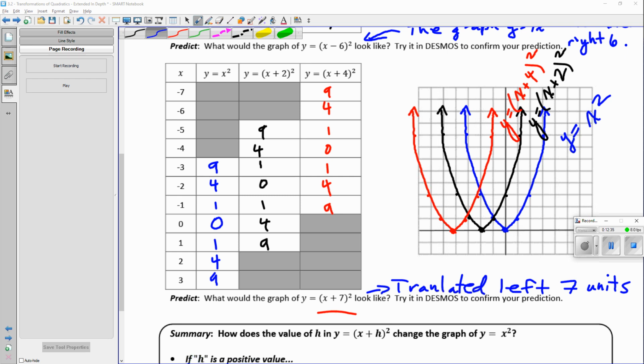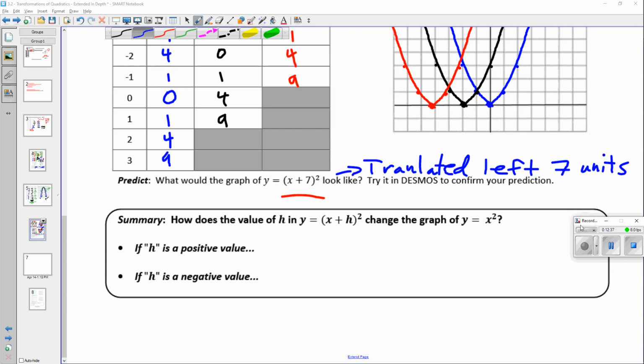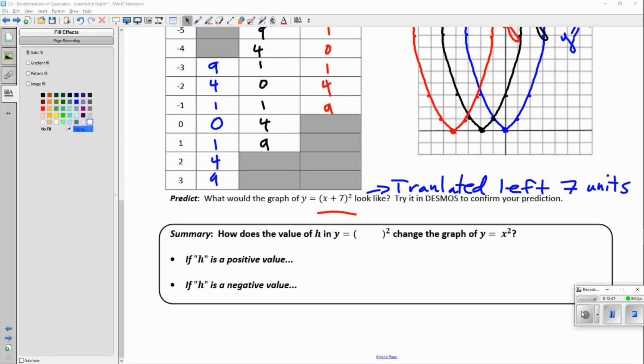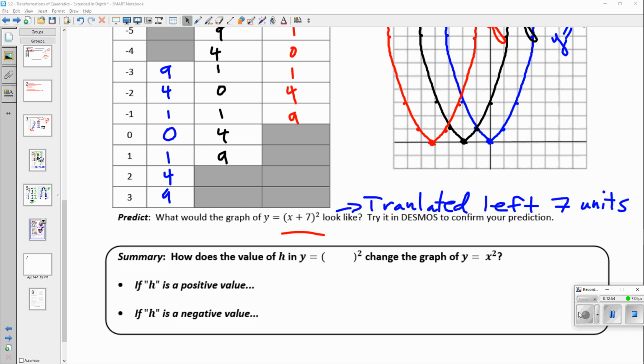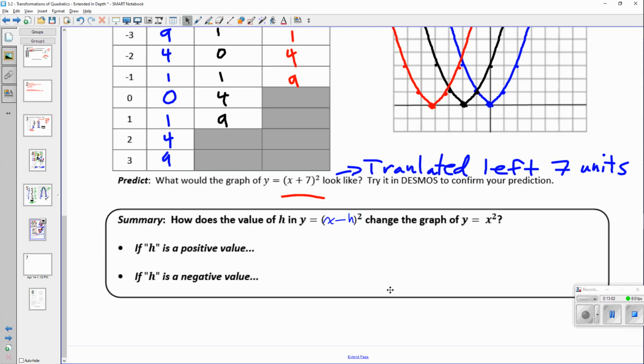So now let us summarize what we have here for our final answer. We'll just make a quick correction to my sheet here. Basically, how does the value of h in the equation y equals x minus h all squared change y equals x squared?